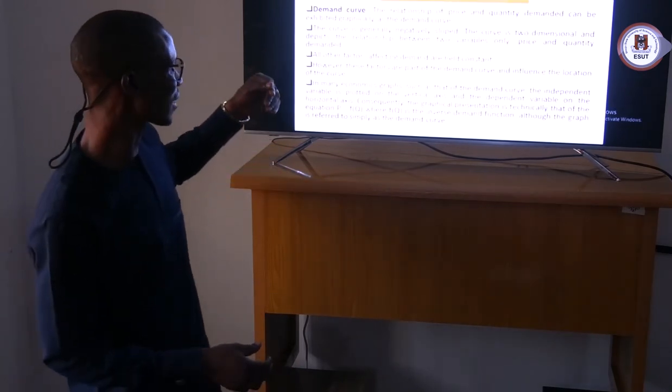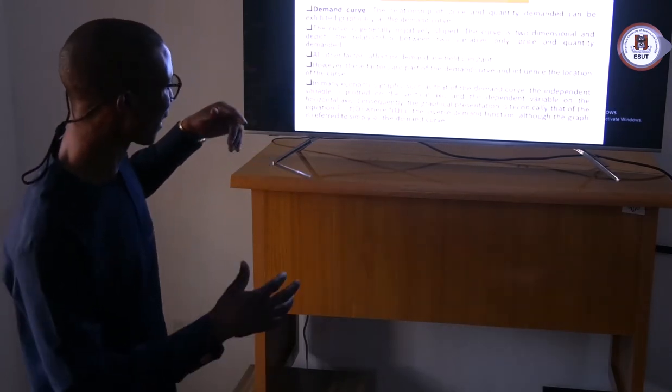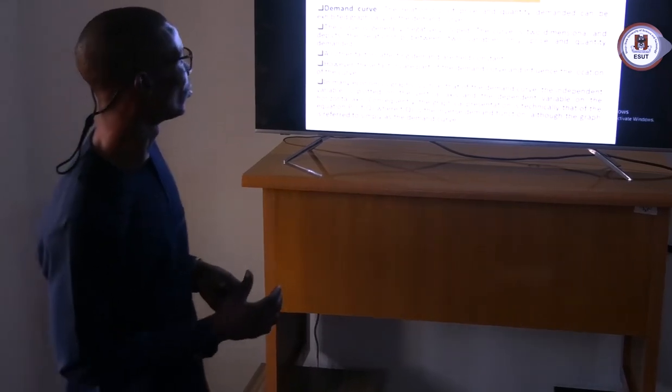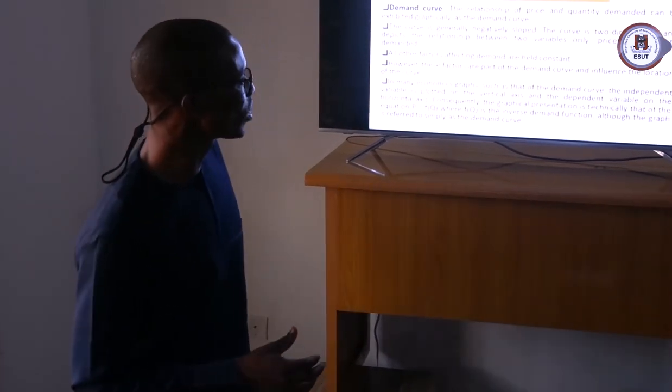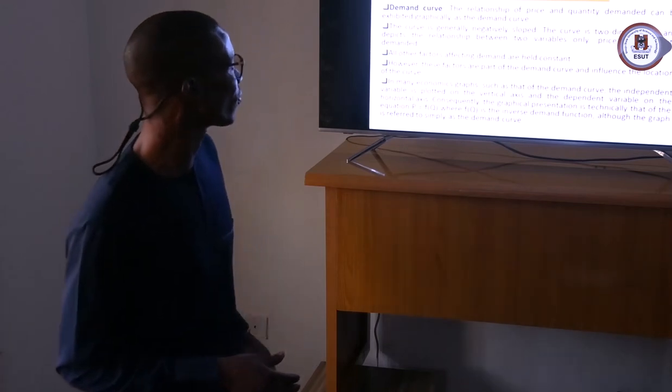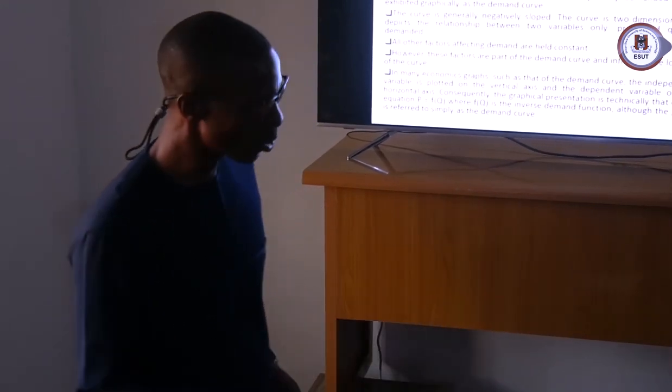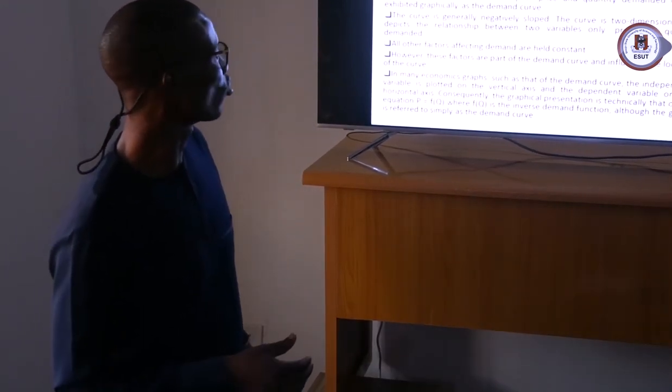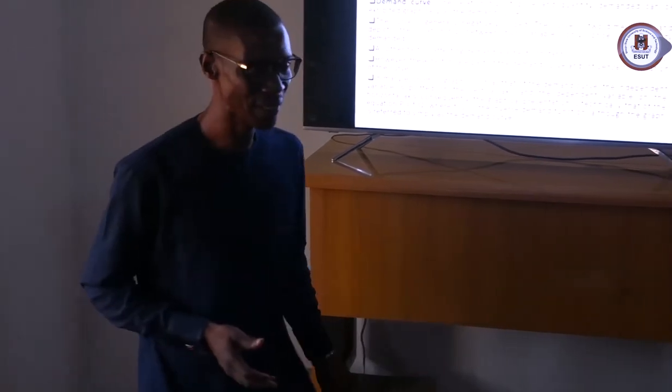The next we look at is the demand schedule. A demand schedule is a table which contains values for the price of goods and services, and also the quantity that will be demanded at a particular time.